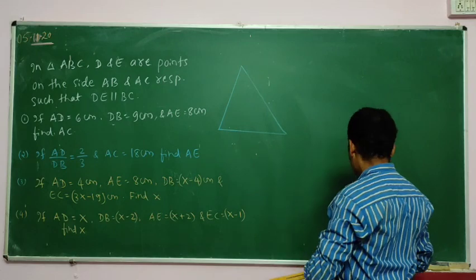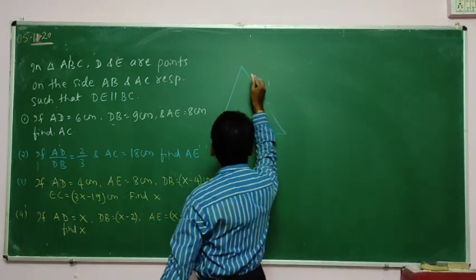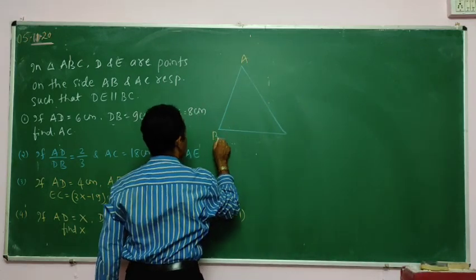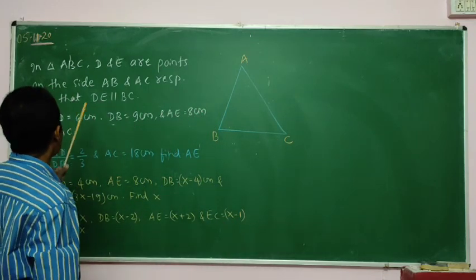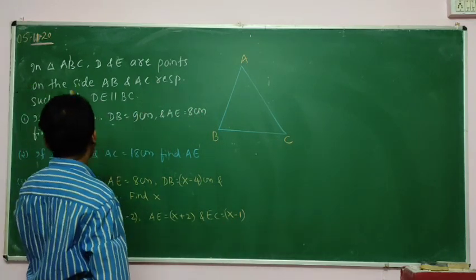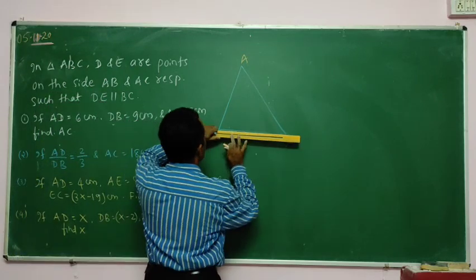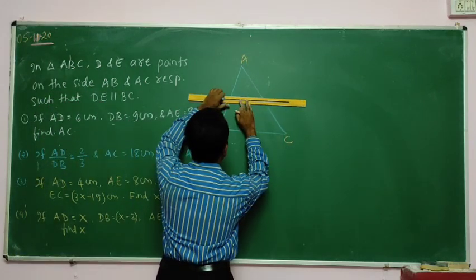Okay, ABC is a triangle, and D and E are points on AB and AC such that DE is parallel to BC. I have to draw one parallel.